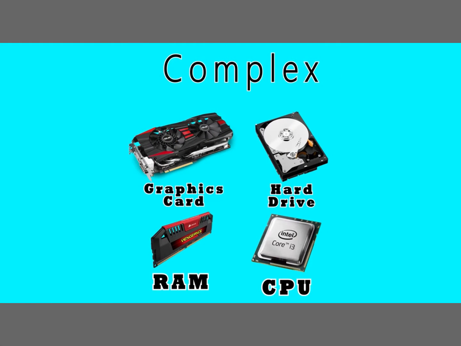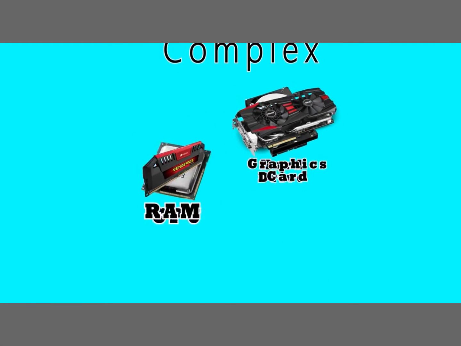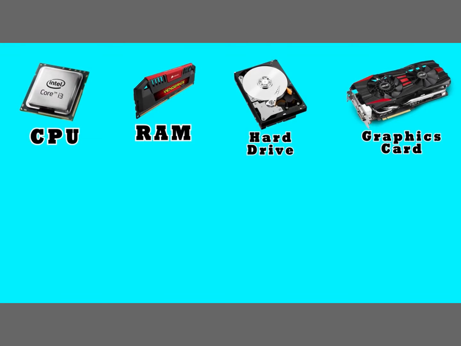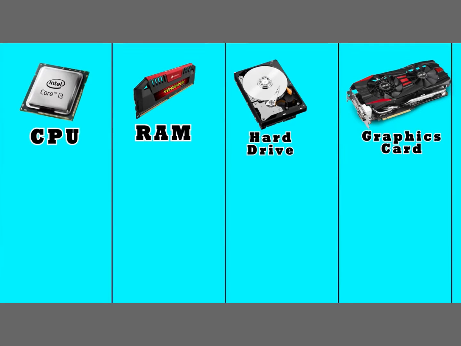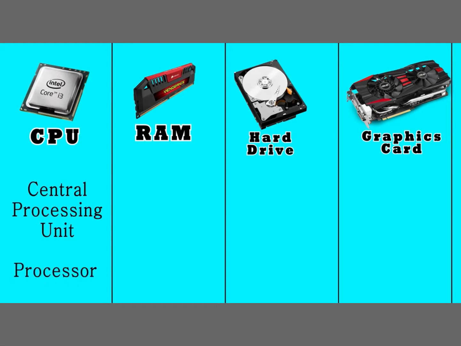The four main components to keep in mind here are CPU, RAM, hard drive, and graphic cards. I'm going to establish some terminology. Keep in mind that CPU is also known as the central processing unit or processor. These terms all refer to the same thing.